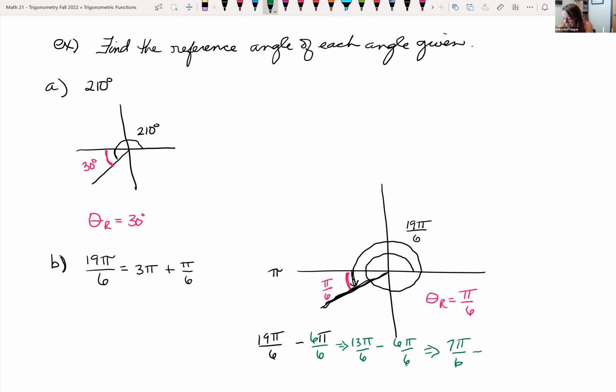If I subtract off another pi, which I could write as 6 pi over 6, this would give me pi over 6, which I now know is an acute angle, which is less than 90 degrees. So if you had more than one rotation, if it made a full rotation around the circle, then you're going to have to keep on subtracting until you get to an acute angle.